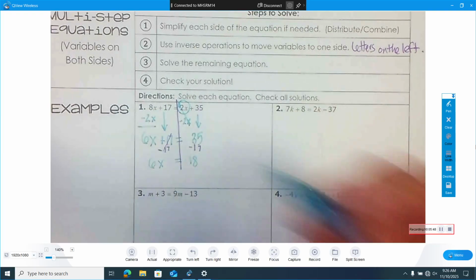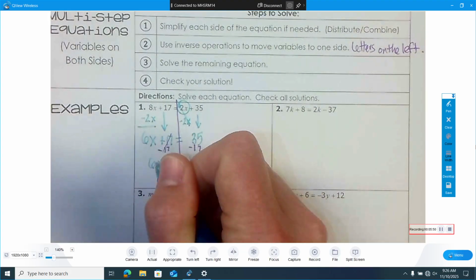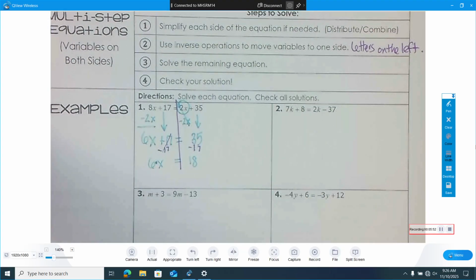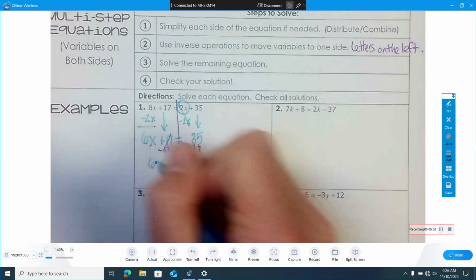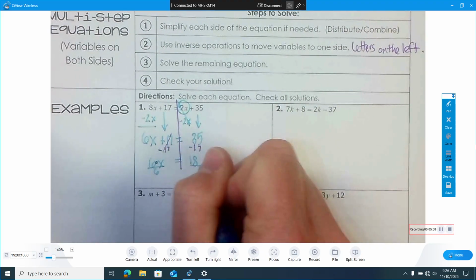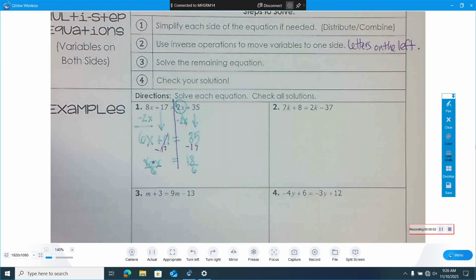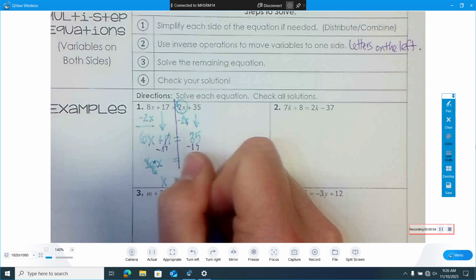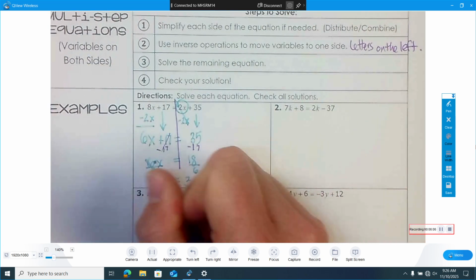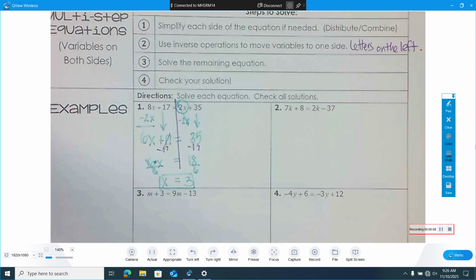Okay. Now this says 6 times x. So what's our very last step? Divide. 6 times x we can cancel out by dividing both sides by 6. Times by 6 and divide by 6 go away. So I get x equals 3, and we are finished. Okay?